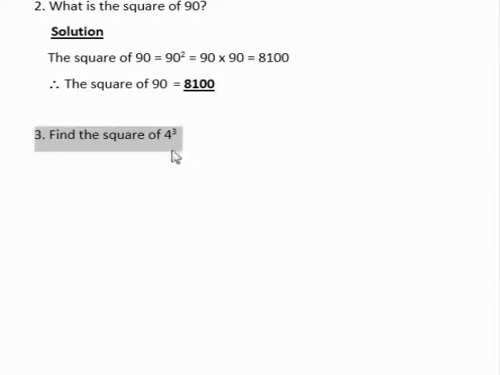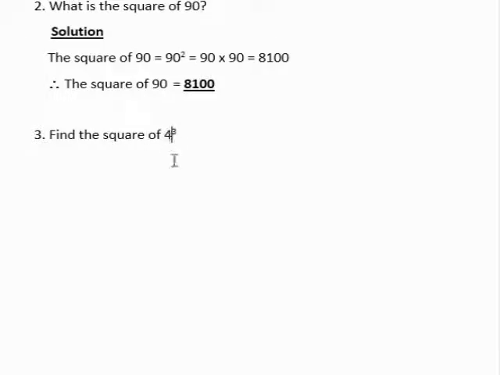Example number 3 is a bit tricky. Find the square of 4 cubed, or 4 power 3, or 4 to the third power. Remember, this is exponential form. We need to find the answer of this one first, thereafter we find the square.